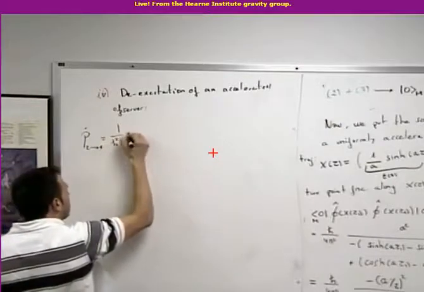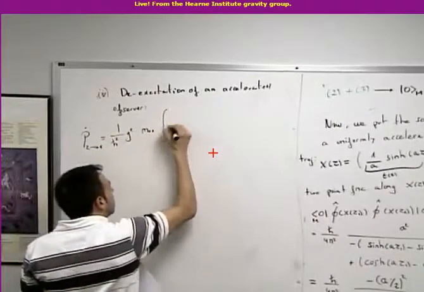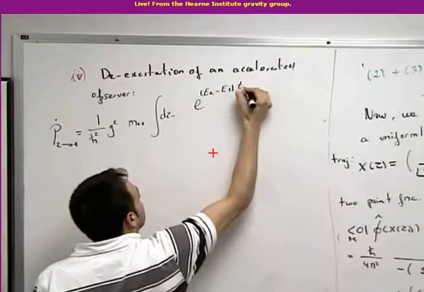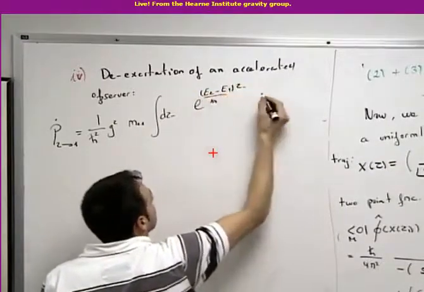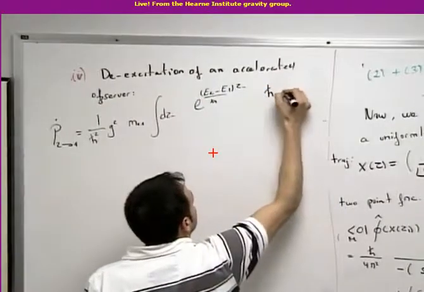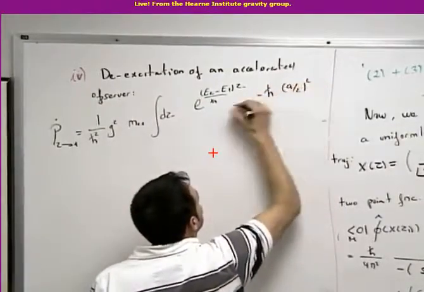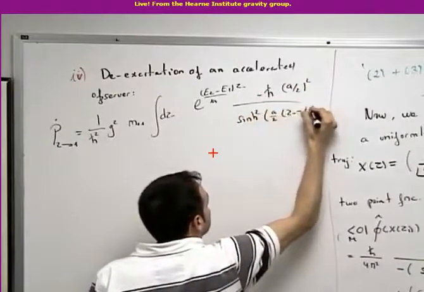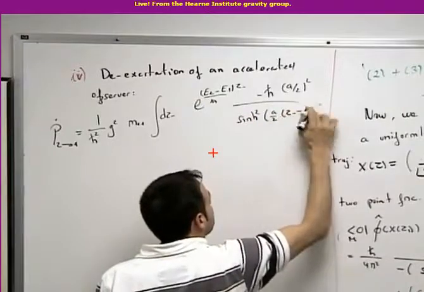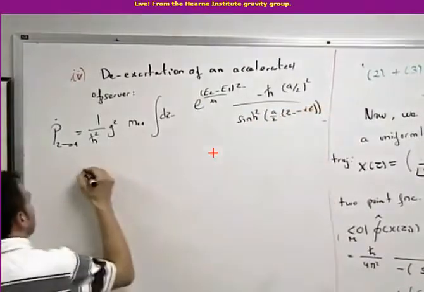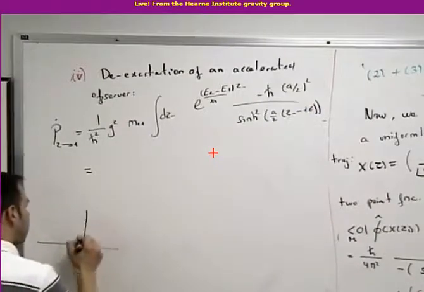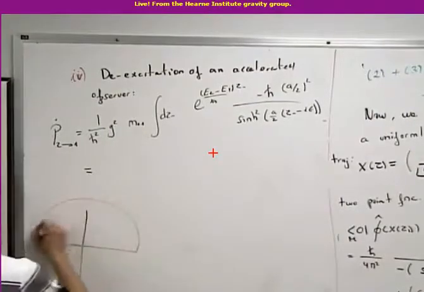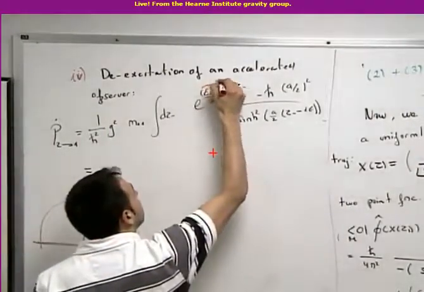And it's again the same integral in tau minus, e to the E2 minus E1, tau minus divided by h bar, and now the function h bar minus a over 2 squared, hyperbolic sine squared of the... Now what I have to do is to close the loop on the top because the exponent is positive.